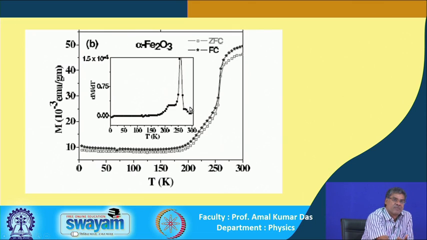This magnetization as a function of temperature experiment we do to find out the transition temperature. Generally in a magnetic material there is a transition temperature. Below that transition temperature it may be ferromagnetic or antiferromagnetic, and above that transition temperature it is paramagnetic.